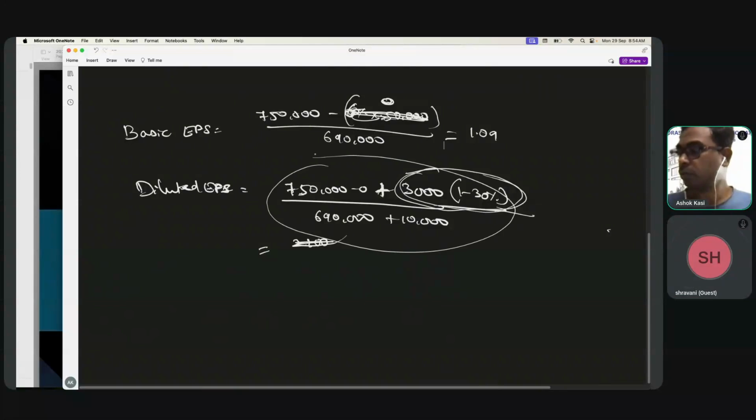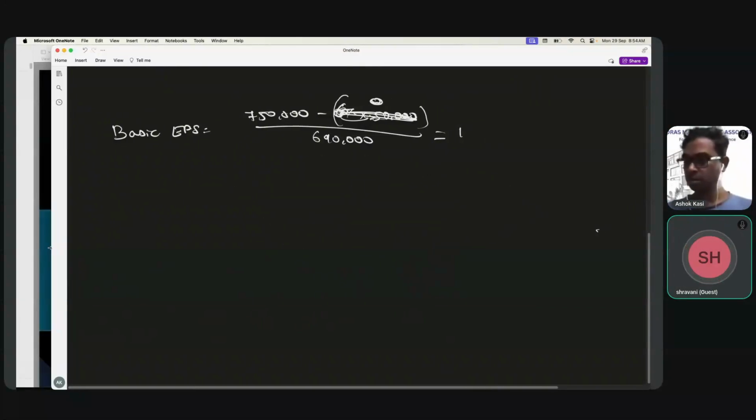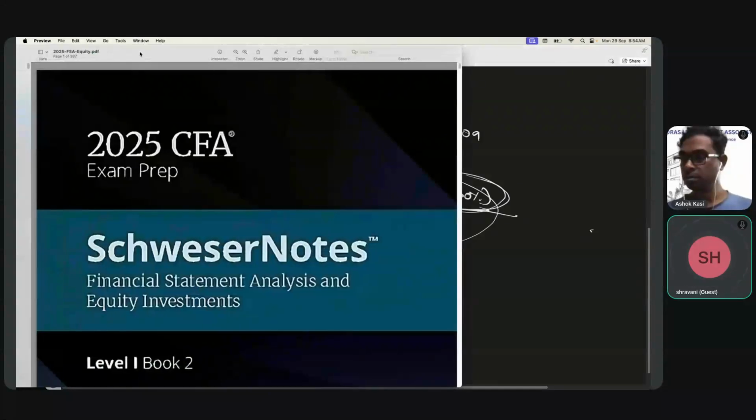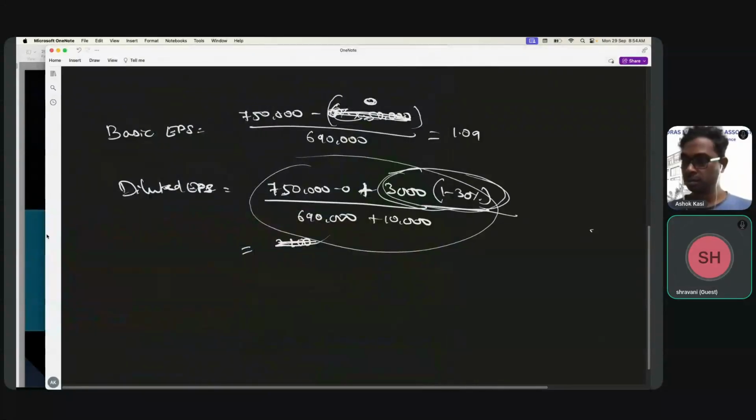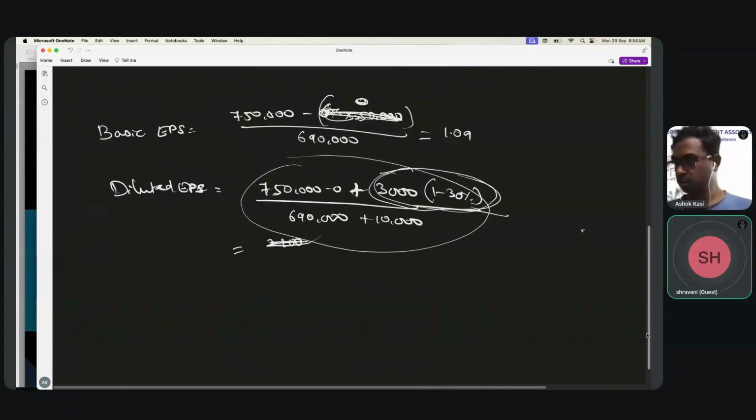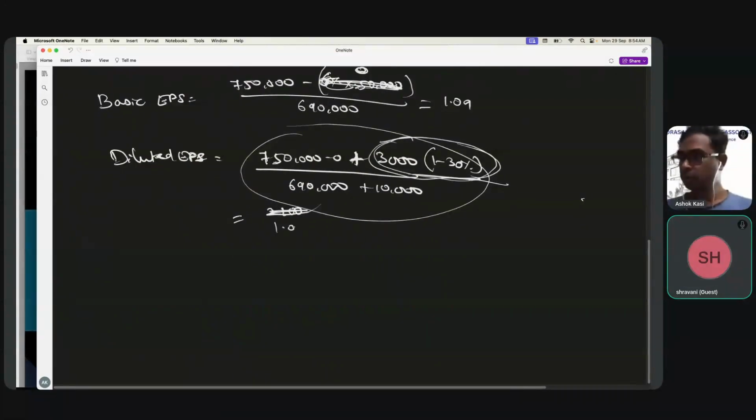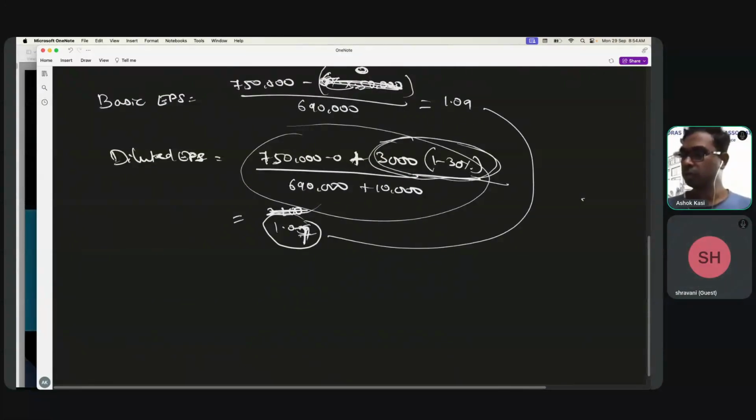Now you calculate all. 1.07. 1.05, which is lower than 1.09, basic EPS. So this is the diluted one. Check the answer. Yes, 1.07.